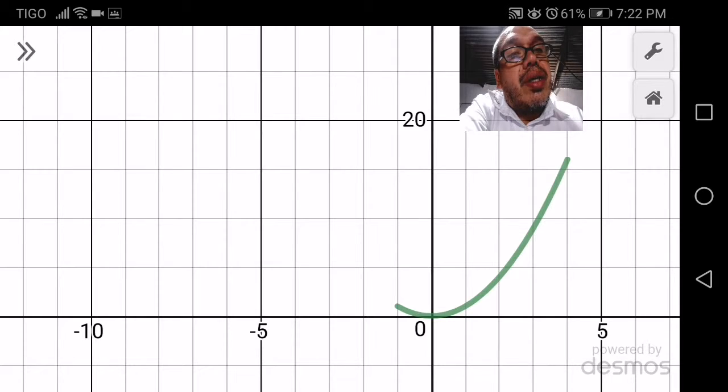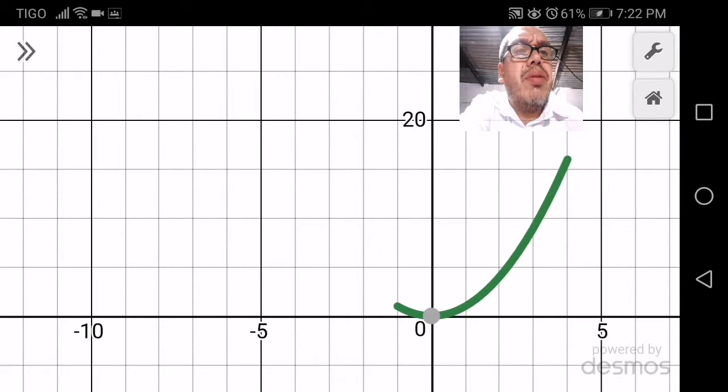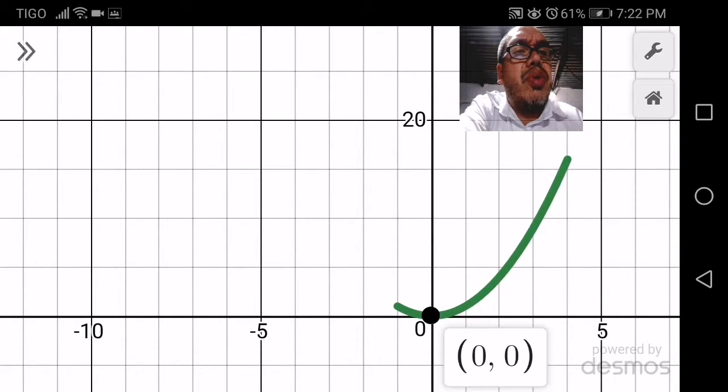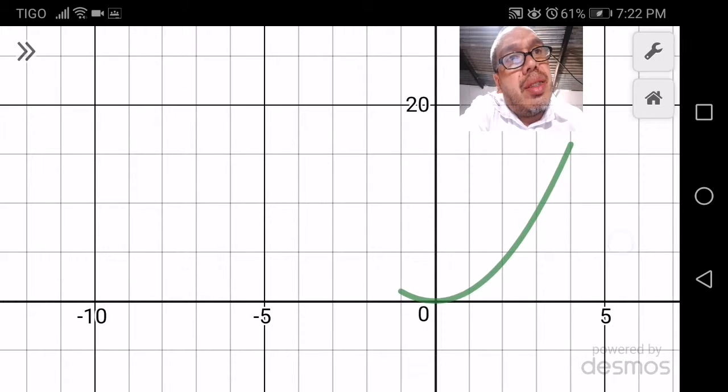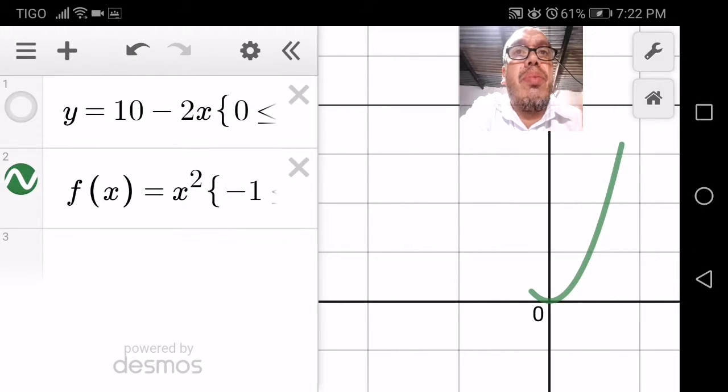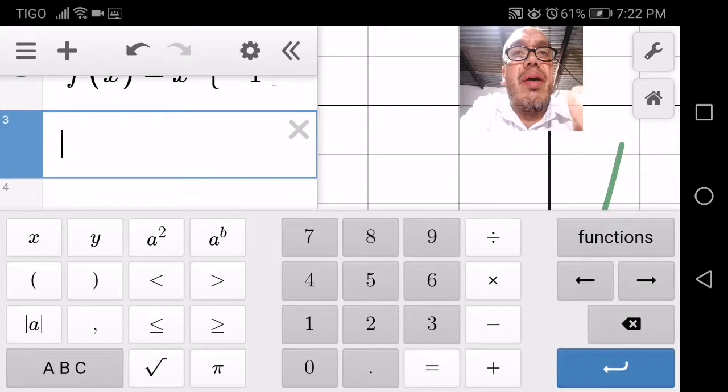Now, if you tap on the graph, there is only one point of interest here, which is this one. That's because the intersection of the function is the same as the lowest point on the function, but you don't have to do it that way.